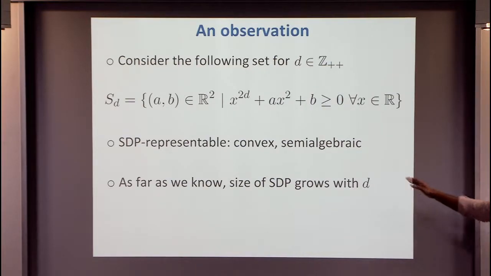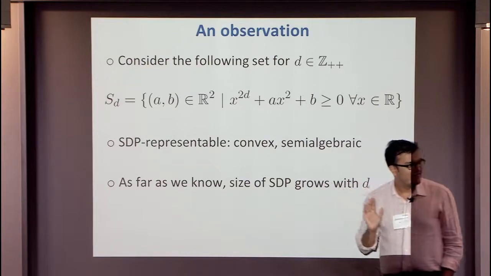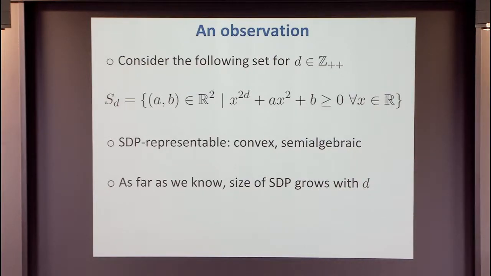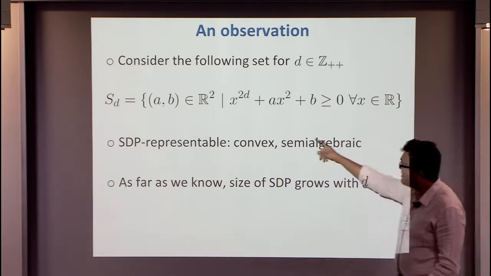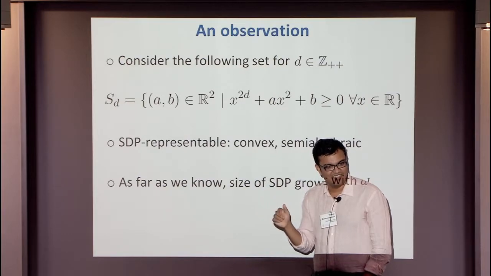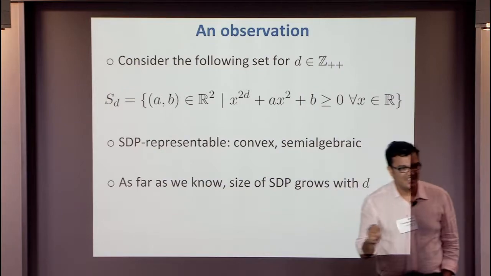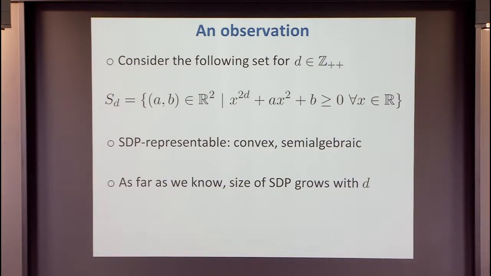This is just a univariate polynomial, very, very simple. But there's no proof that the size of the SDP grows? There's no proof, no. I don't have a proof, but I think it ought to be possible, because if you take this convex set, the boundary ends up having very, very large degree.